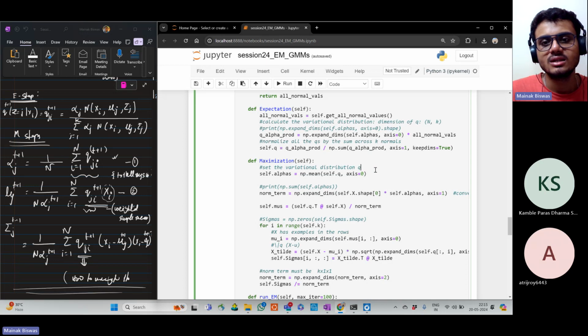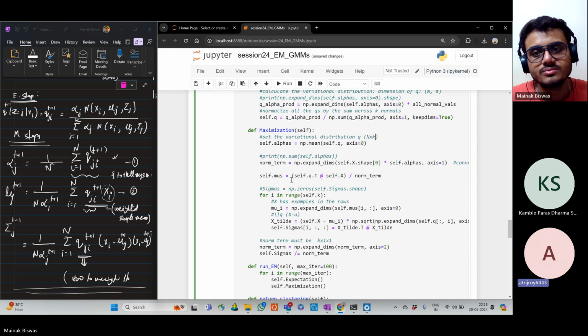Here Q is, if you want to really know it, an n cross k dimensional matrix. So n data points, k vectors. It will take the average across the n, so it will give you k numbers, k alphas.